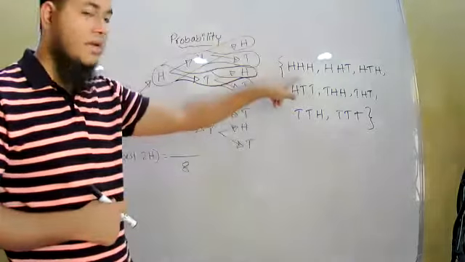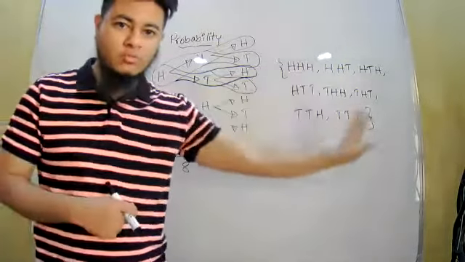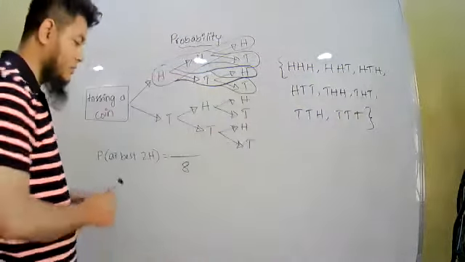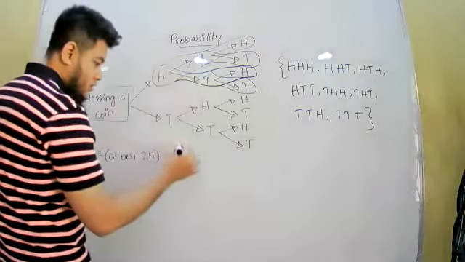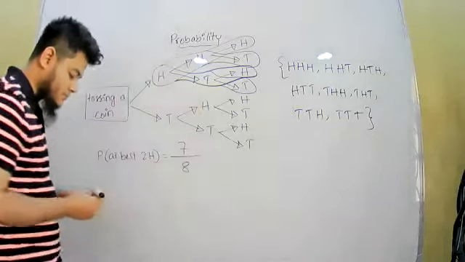So এখানে 3টা হেড হয়ে গেছে, এইটা বাদ দিয়ে বাকি সবগুলা আমাদের ফেভারেবল আউটকাম। Because বাকি সবগুলাতে হয় দুইটা হেড অথবা তার নিচে আছে, so it will be 7/8.